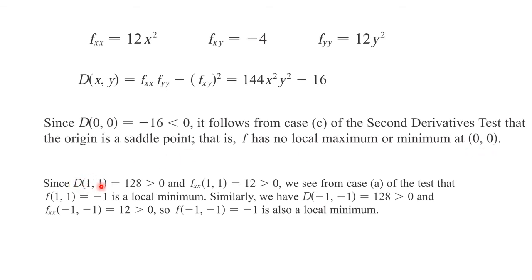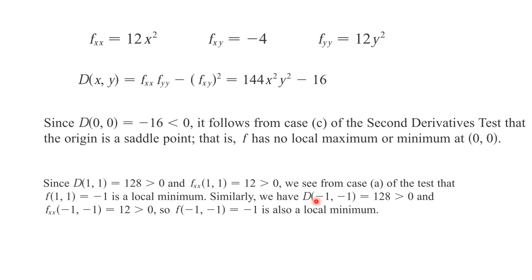So f has no local maximum or minimum at (0, 0). Now put (1, 1) in D, we get 128, which is more than 0. Now put (1, 1) in fxx, we get 12, which is more than 0. So from case A of the test, we put (1, 1) in f, and our answer is minus 1, which is a local minimum.